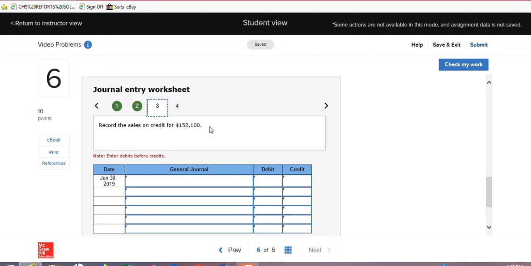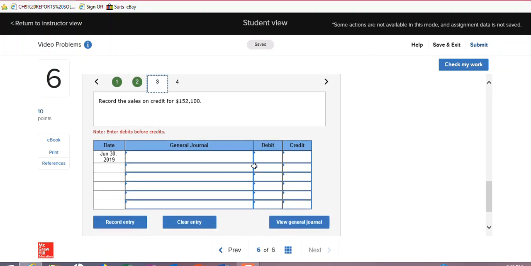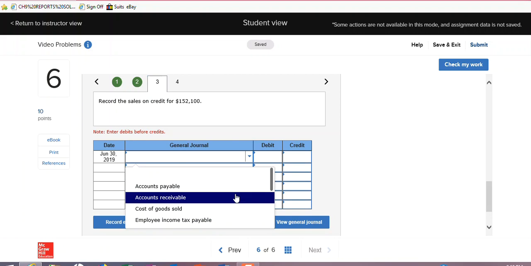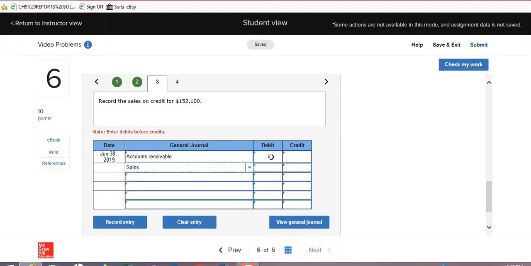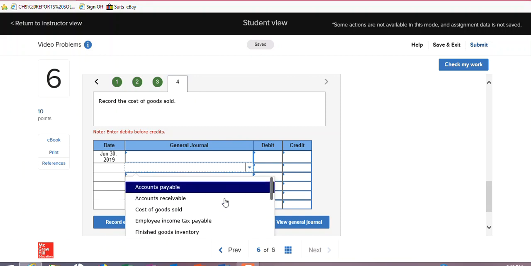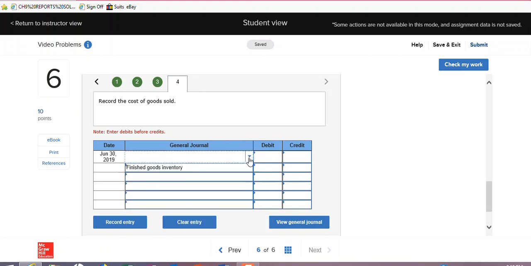Record sales on credit of $152,100. That's pretty easy. Accounts receivable and sales. And they told us how much it was. And then it says record cost of goods sold. So to do that, we're going to get rid of our inventory because we don't have it anymore, and it becomes cost of goods sold.